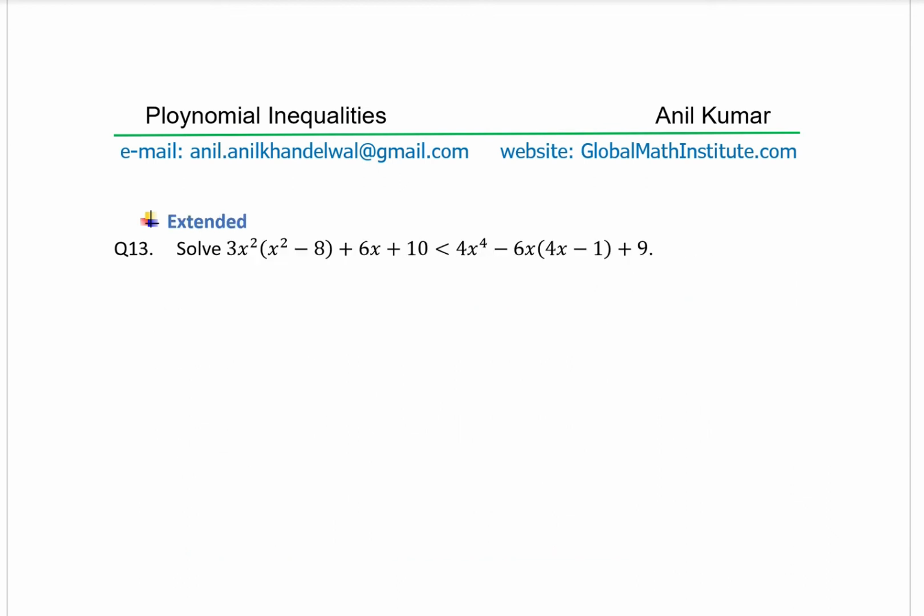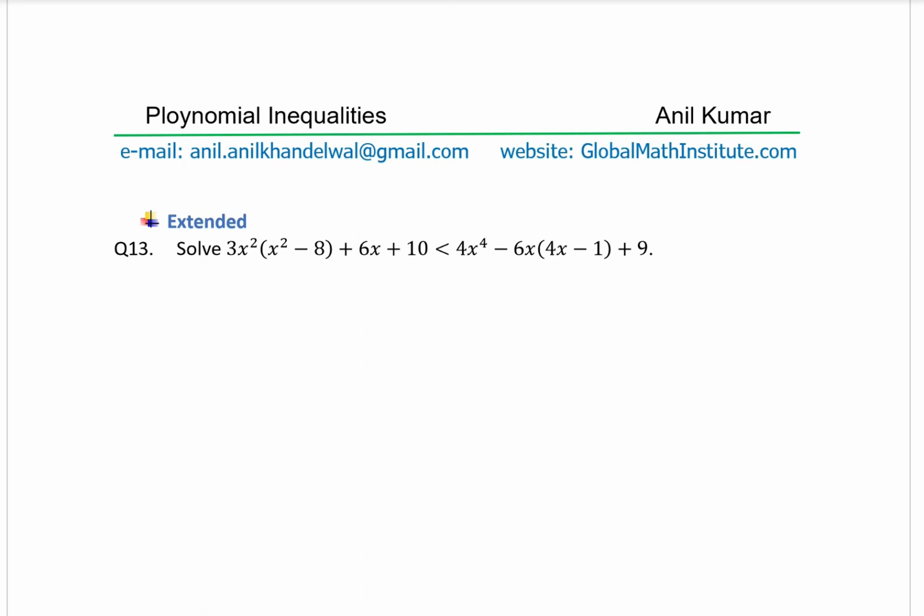Here is the last question for you, which is: solve 3x squared times x squared minus 8, plus 6x plus 10, is less than 4x to the power of 4 minus 6x times 4x minus 1, plus 9. I'd like you to pause the video, solve it, and then look into my solution, which seems to be very complicated. What we are going to do now is quickly expand and simplify.